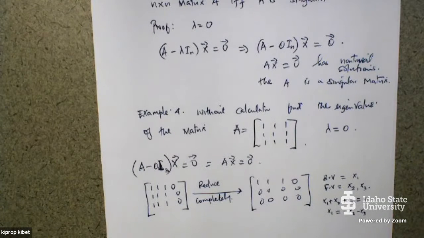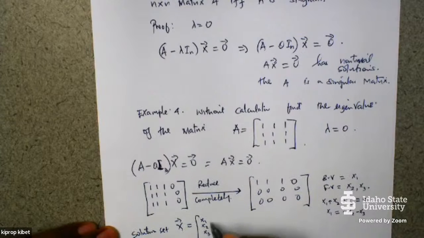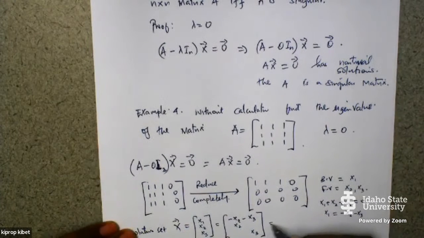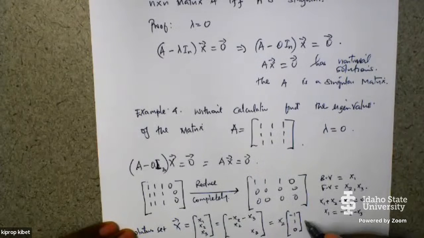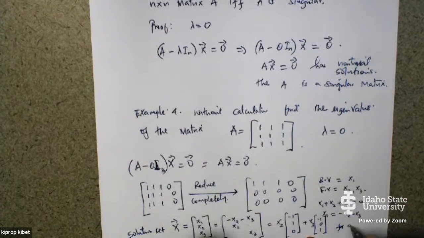Our solution set x equals x1, x2, x3, which is minus x2 minus x3, x2, x3. Factoring out x2, we get minus 1, 1, 0, plus x3 times minus 1, 0, 1, for any x2 and x3.